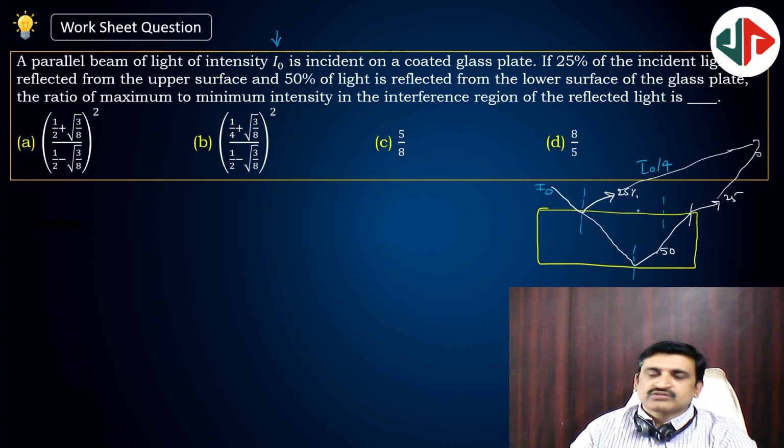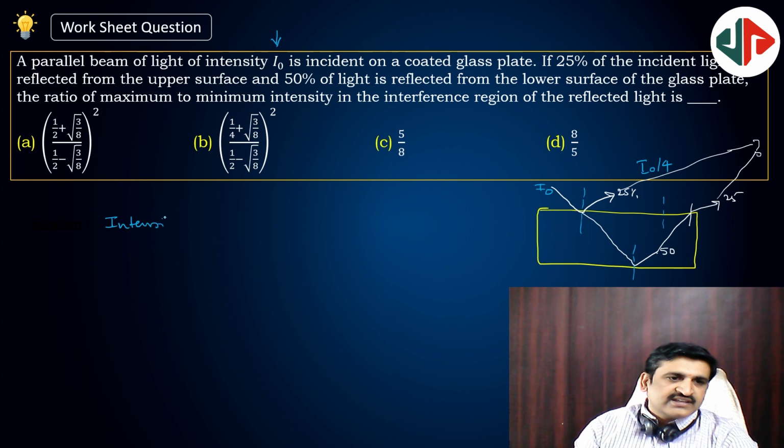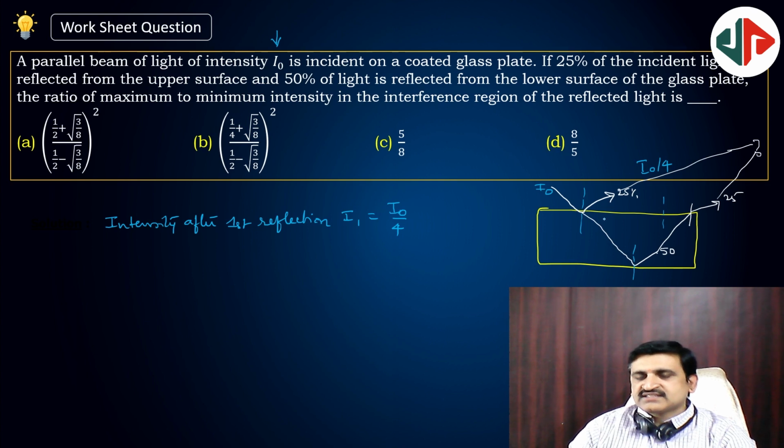So after the first reflection, the intensity I1 is equal to I naught by 4. Next, here the remaining 75%, that means 3/4 of I naught, because 25% reflected means the remaining will come here, and it's not absorbing. You can feel like that. Among it, 50% is reflected. That means half, so 3/8 I naught it will be.